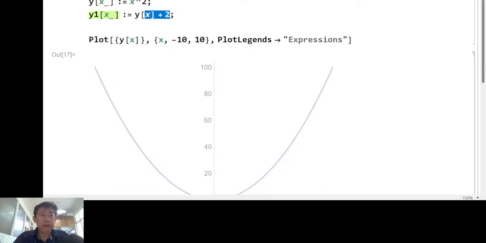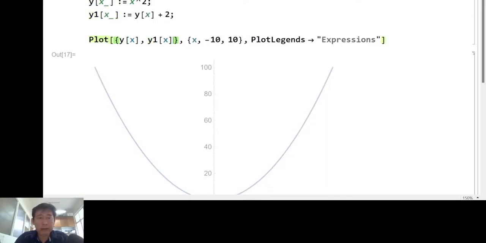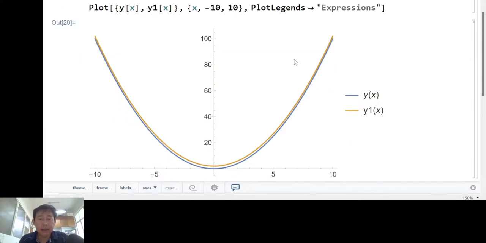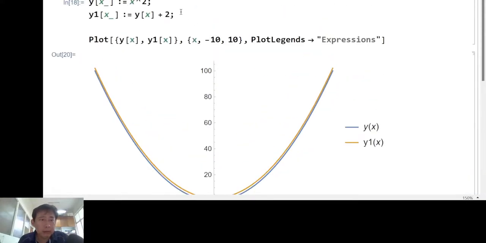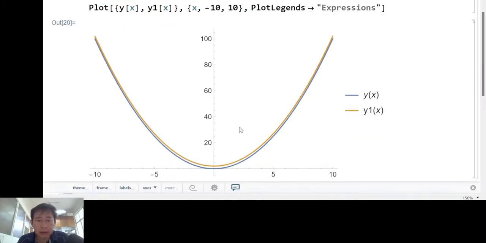So this new function y1 would be a function which is shifted 2 units above. If I were to plot this function y1, you can't really see it very clearly because these two graphs seem to be merging very closely.